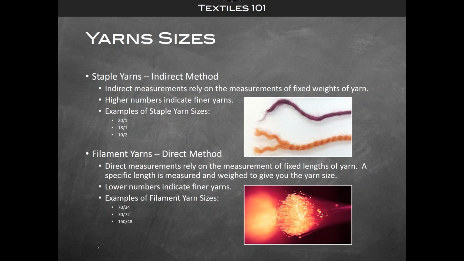So you can have two yarns that are 70 denier, but they have a different filament count. It would mean the yarn is the same exact size, but one has more filaments. The 70-72 would actually be considered a micro denier. Anytime you have one denier per filament or less, that is a micro denier yarn.